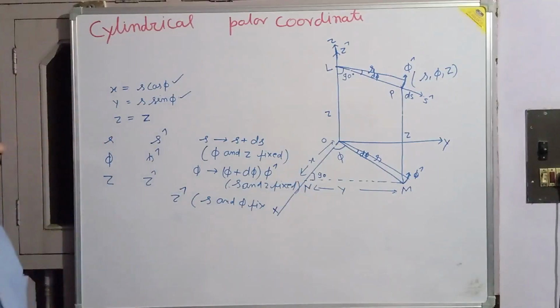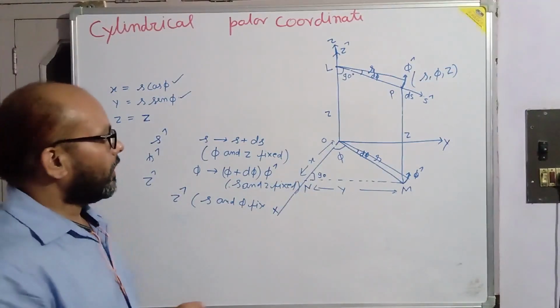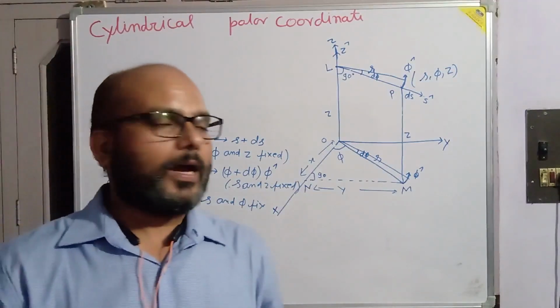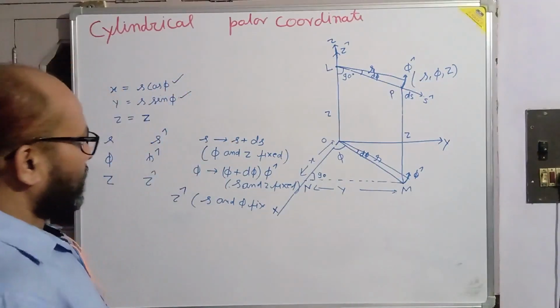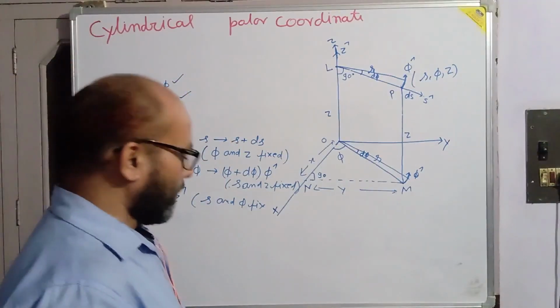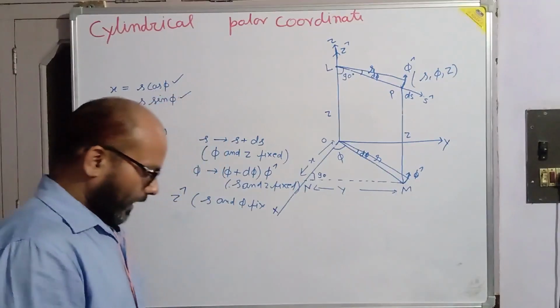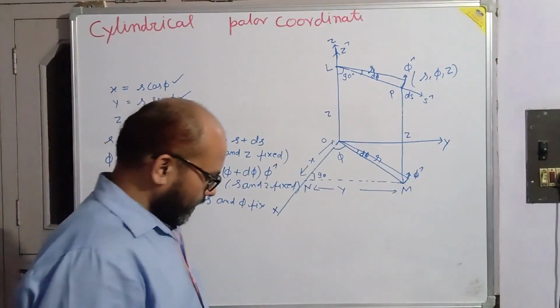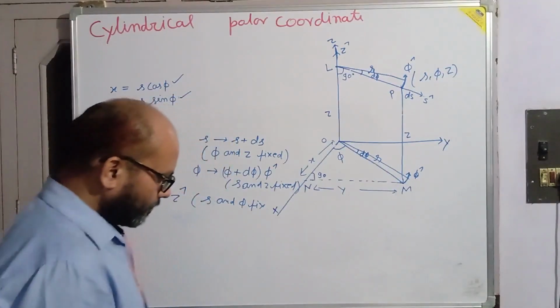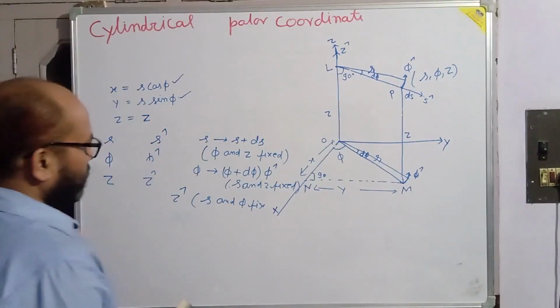So the unit vectors S cap, phi cap and Z cap are similar to I cap, J cap and K cap.